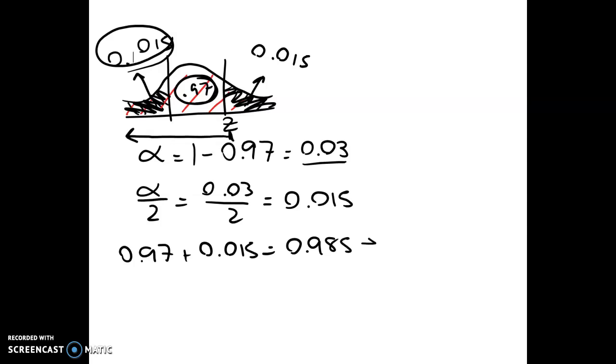Okay, so this is an area. Now, we have a table that connects z-scores to area, and that's our z-score chart. So I need to go to my z-score chart or table and find an area of 0.985 and see what kind of z-score is associated with that area.